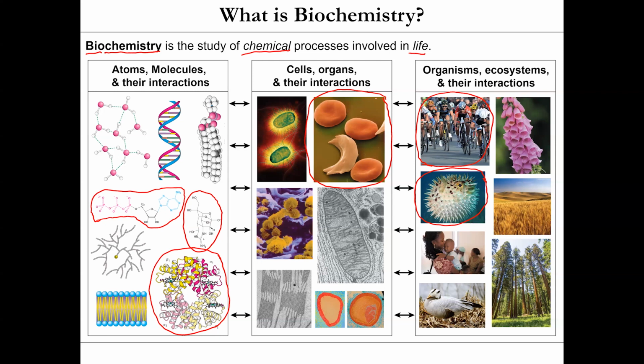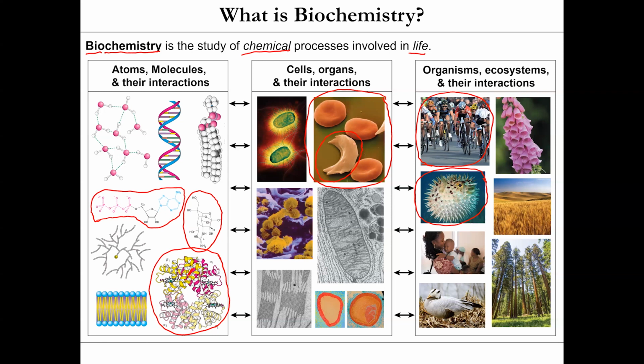Biochemistry also has a lot of medical applications. For instance, if there's a mutation in your hemoglobin protein, it can cause sickle cell disease, an example of which is shown right here, where your cells aren't able to effectively carry oxygen. This can lead to disease in humans.